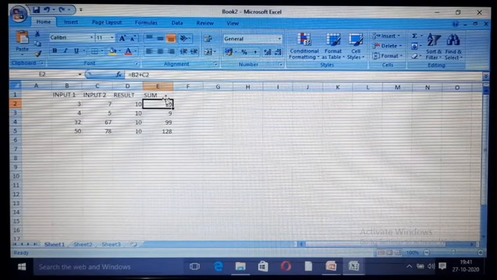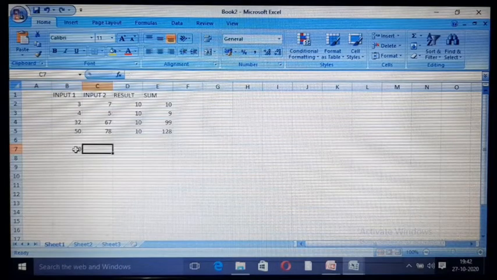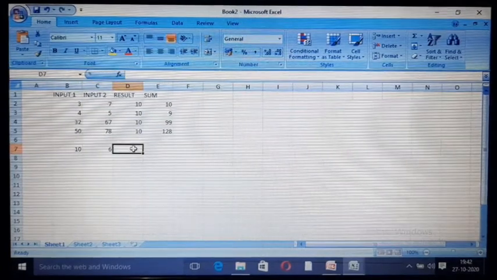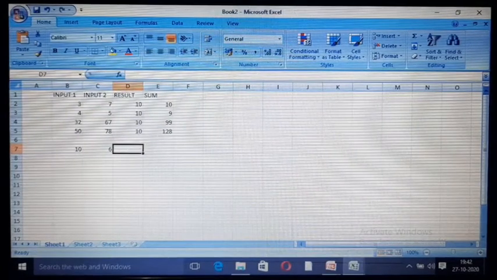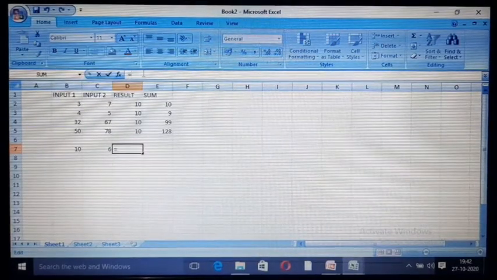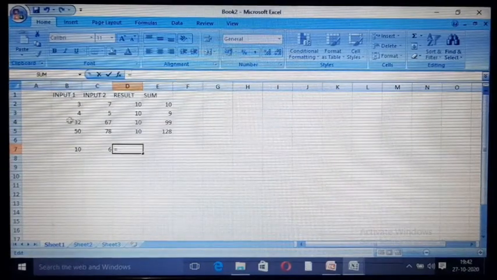Suppose if I give here some 10 and if I give here suppose 6, and 10 minus 6, you will find the answer here. Now we'll go here and write equal to, and now 10 is in which cell?